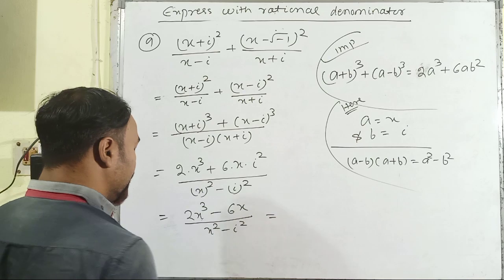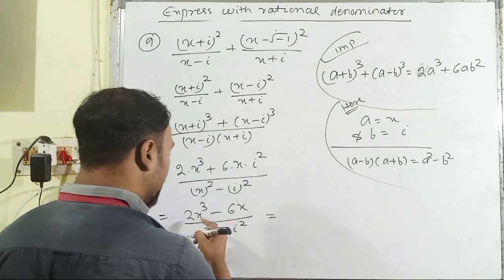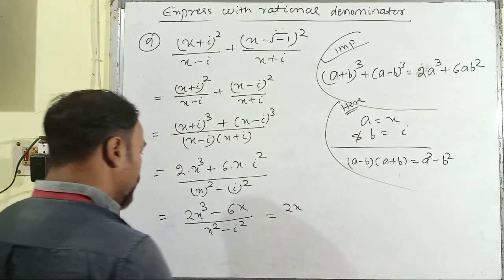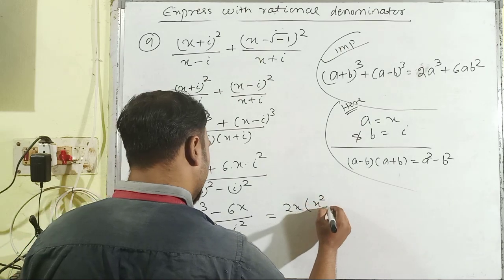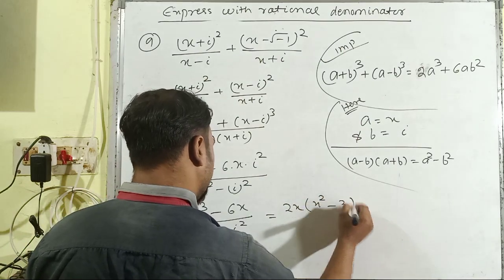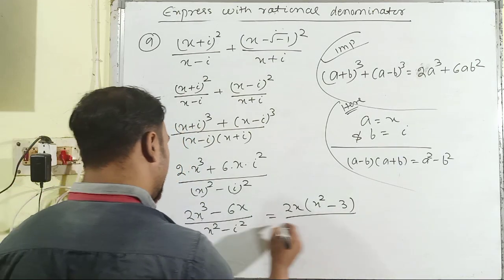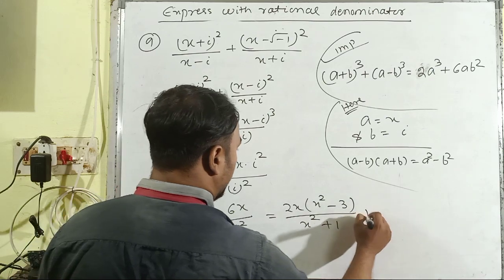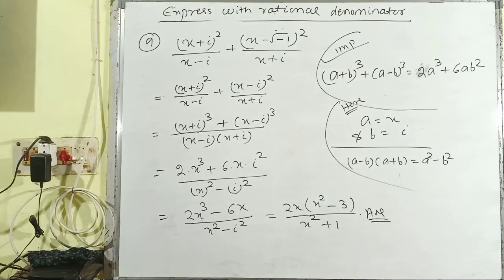That means just solving, let us take a common here. Taking 2x as common, it will become x square minus 3, and the denominator will become x square plus 1. And here is the answer for the number 9th problem.